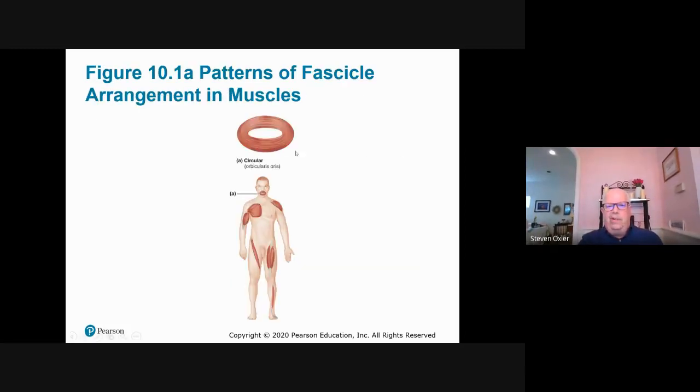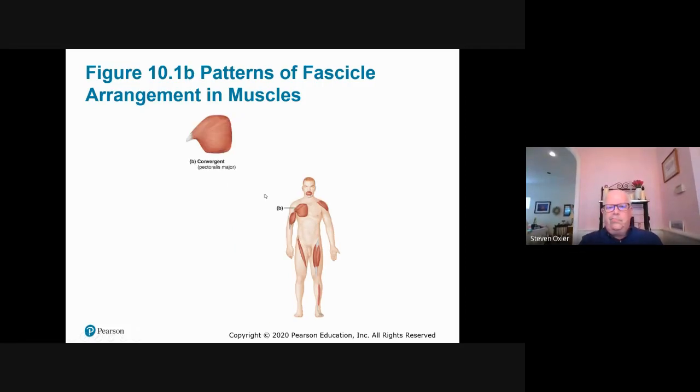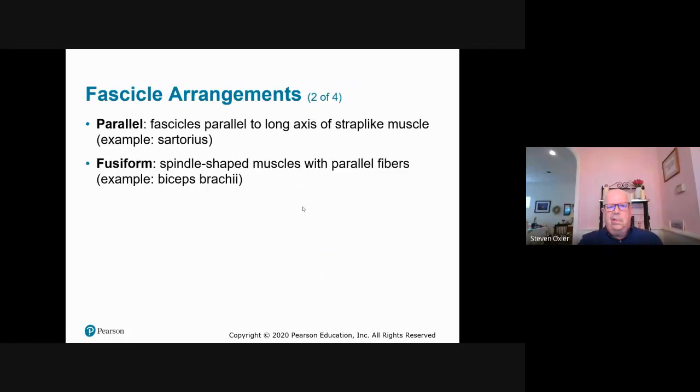Here is the orbicularis oris, a circular muscle, and here is the pectoralis major. Parallel, the fibers are parallel to the long axis, and the muscle looks like a strap. And the typical example of that muscle is the sartorius muscle in your leg.